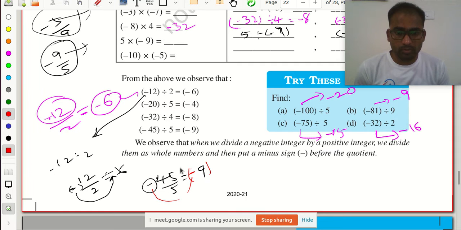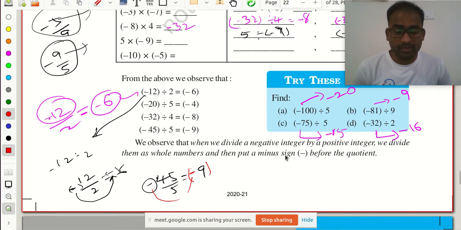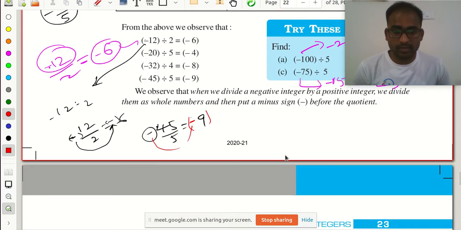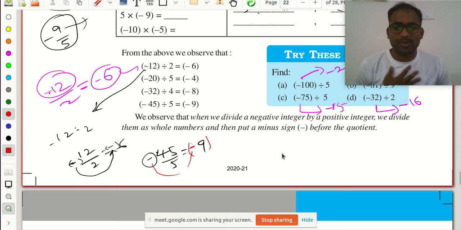Sir, she is asking about the minus sign, that we should keep only the bigger number's sign.